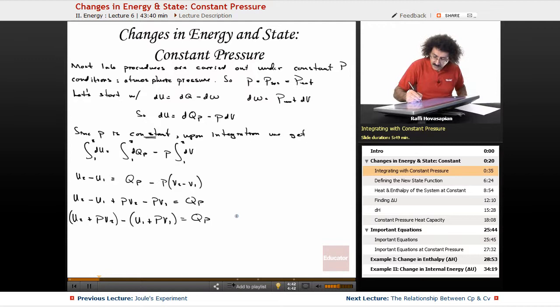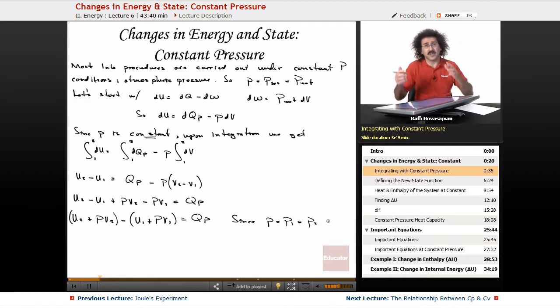Well, since P1 is equal to P2, the pressure is constant, it doesn't matter. The initial pressure is the same as the final pressure, so we can just call it P.